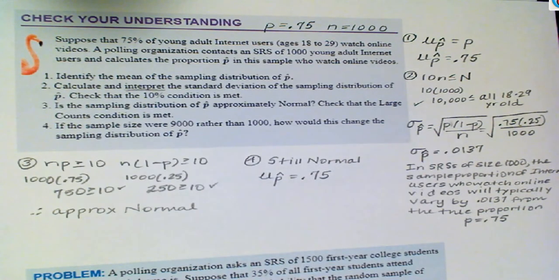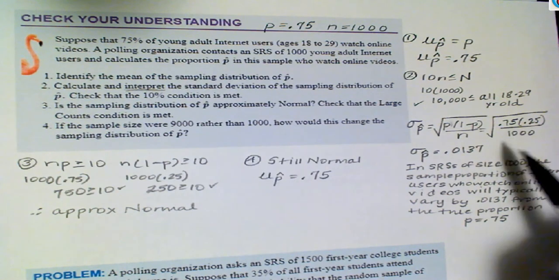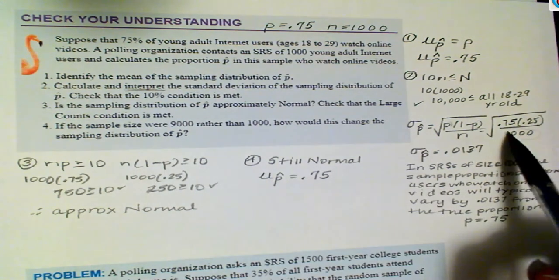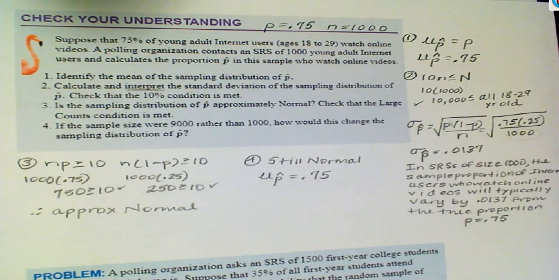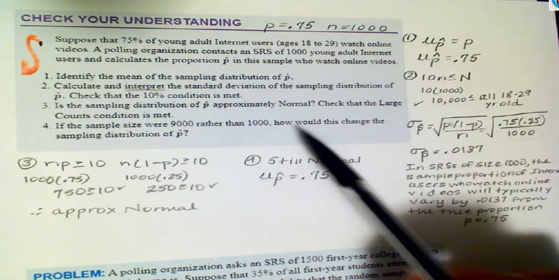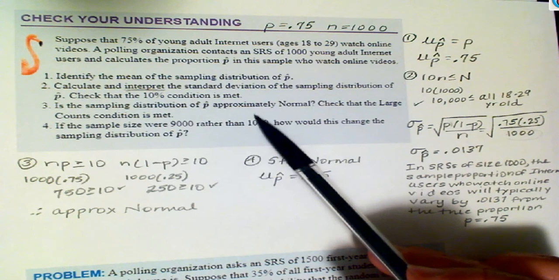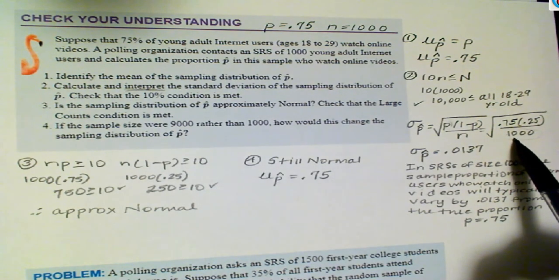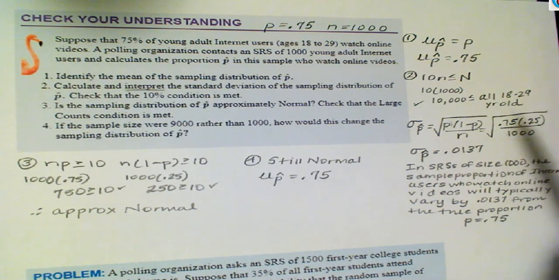Okay, so let's see what happens to the standard deviation if we change it. Let's think about mathematically what would happen. So instead of 1,000 here, if that was 9,000, what would that do to the standard deviation? Obviously, it's going to decrease it. It's going to make it smaller. And actually, the interesting thing is, since you're multiplying 1,000 times 9 to get 9,000, when you take the square root, you're going to actually decrease it by 1/3.